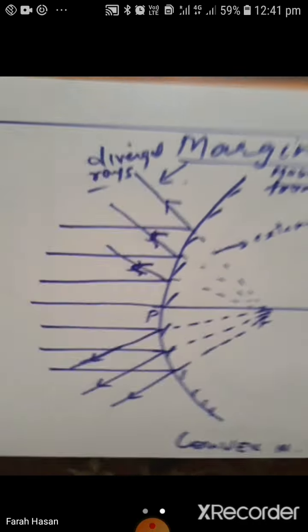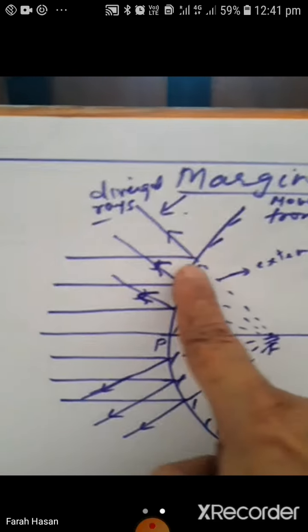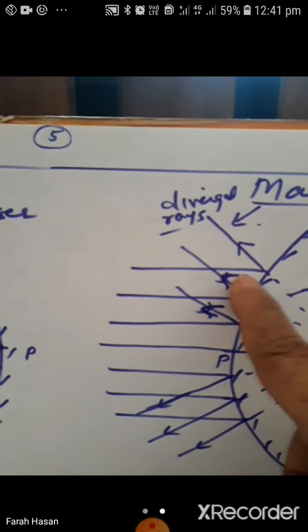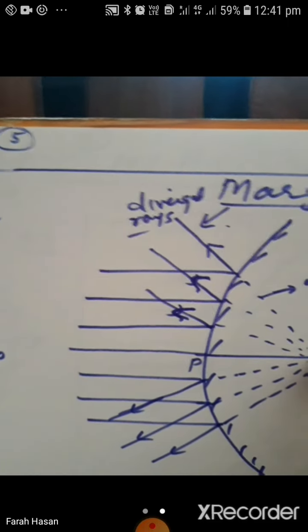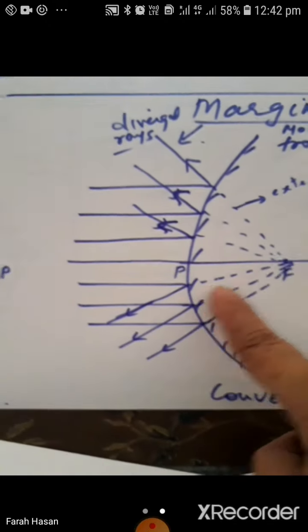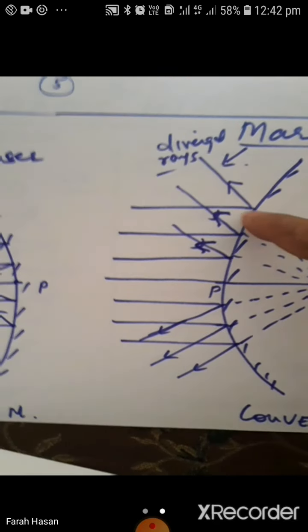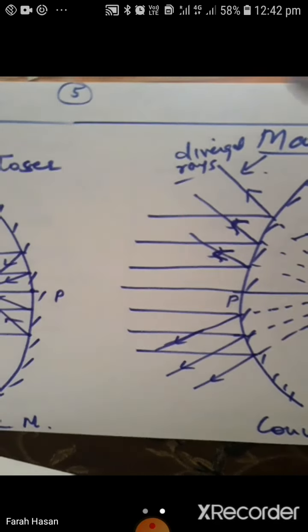Then in the case of the convex mirror, the rays which are falling parallel over here get diverged. But if we consider these extended rays and join them, they meet at the point F. All these rays near the principal axis, their extended rays join at F, but the reflected rays are diverging; they do not pass through it.